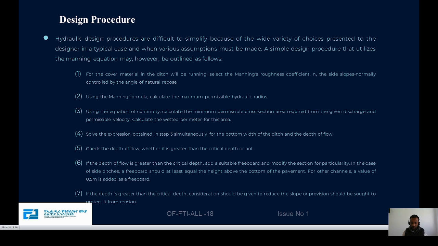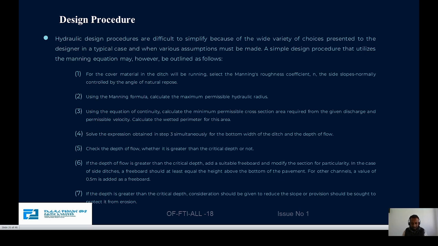The R value is then used with the equation of continuity to calculate the minimum permissible cross-sectional area required for a given discharge and permissible velocity. Solve the expressions obtained in the previous steps for the bottom width of the ditch and the depth related to the discharge.